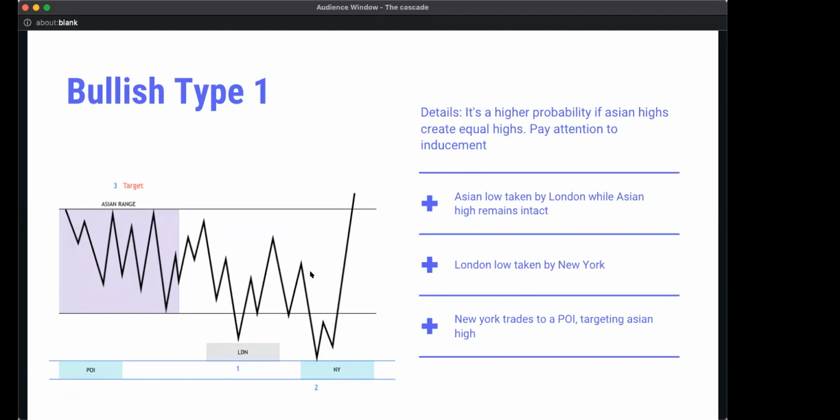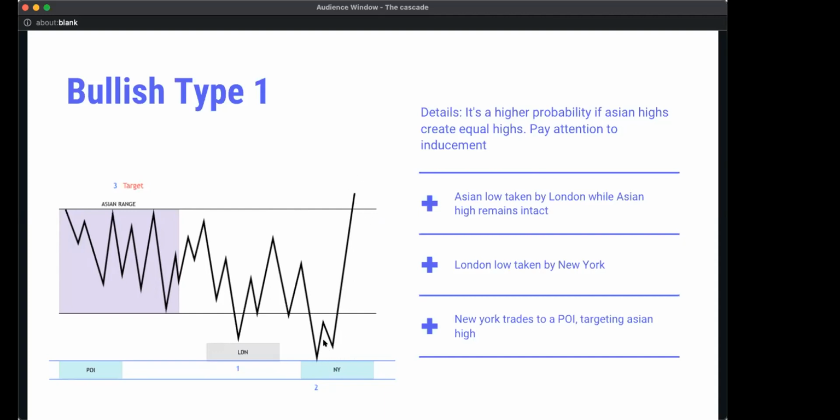The New York highest probability is going to come around 8:30 to 9:30 New York Stock Exchange timing, which is going to be around 50 to 70 pips that you can gather from this trade.